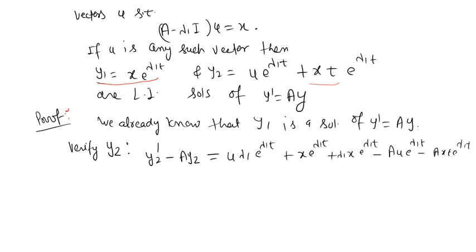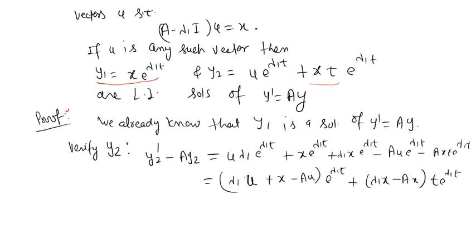Now collect the terms: the term containing e power lambda 1 t, and then the term containing t times e power lambda 1 t.